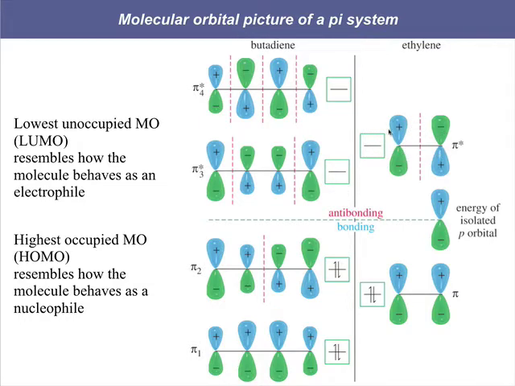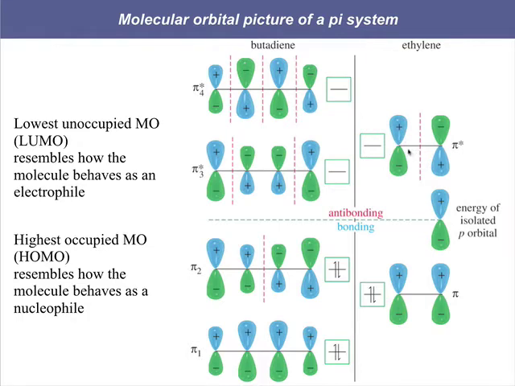So 2 orbitals, and they were above and below in energy from where the isolated p orbital was. This diagram shows where the energy would be for an isolated p orbital. Anything below that energy is more stable, and anything above that energy is less stable. So for ethylene, the bonding orbital was more stable, the antibonding orbital was less stable.